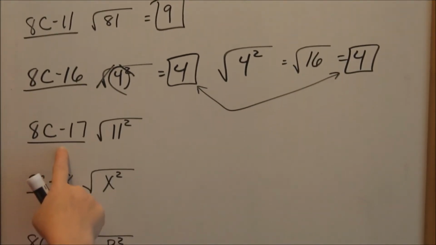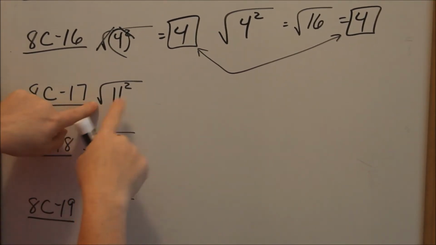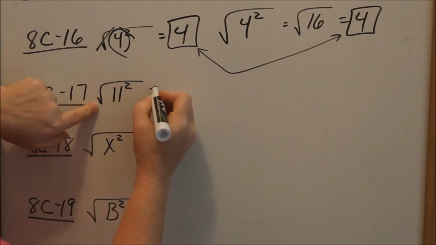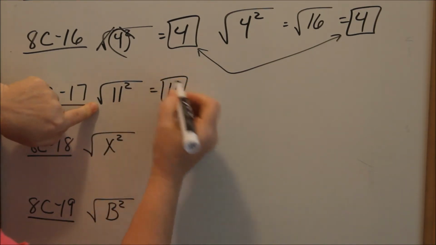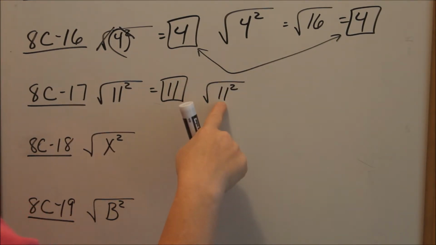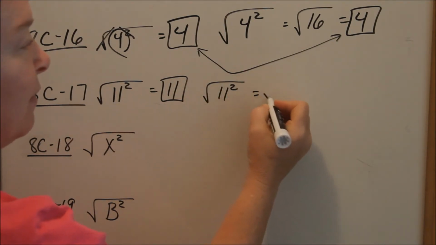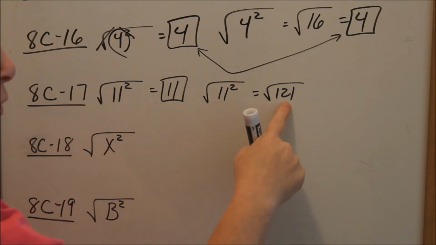8C17, square root of 11 squared. Again, the square root and the square cancel each other out to leave you with just this number here, 11. To prove that to you, the square root of 11 squared. 11 squared means 11 times 11, that would be the square root of 121. 11 times 11 is 121.